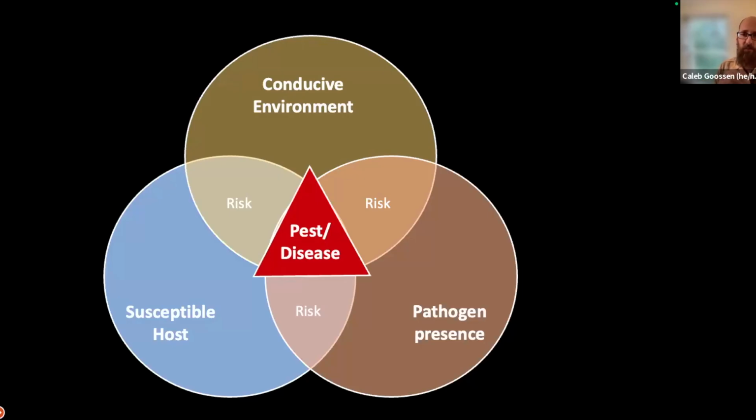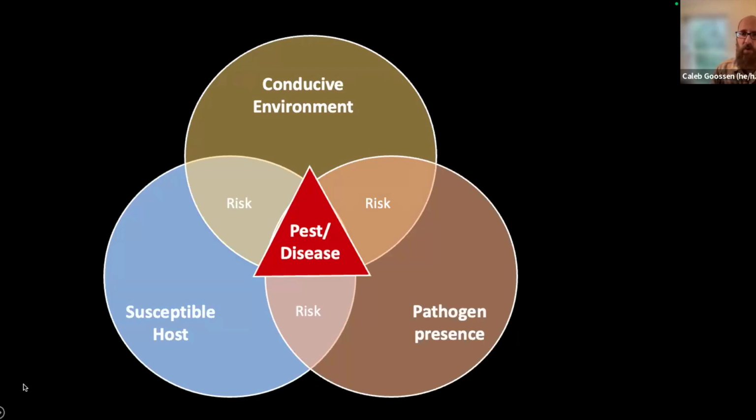If there's no late blight in the area, you don't need to go spray for late blight. But if there is late blight in the area, then you need to pay attention to whether the environment is conducive. Could it actually take hold? Are you growing a resistant crop or one that's susceptible? Things like that. So this triangle is going to pop up again.